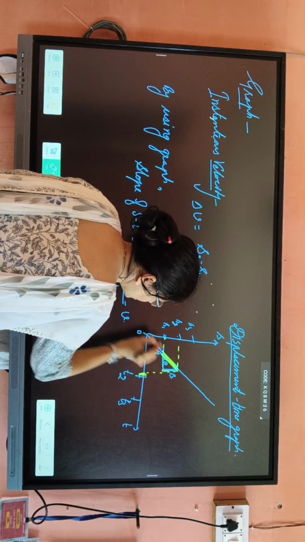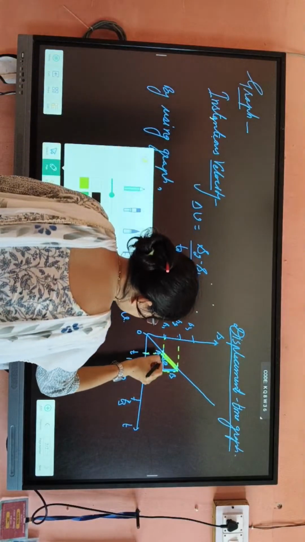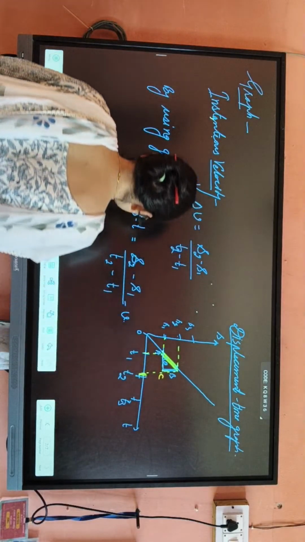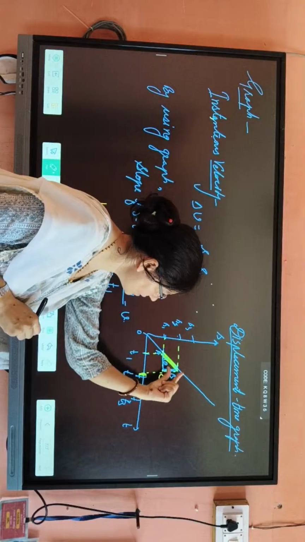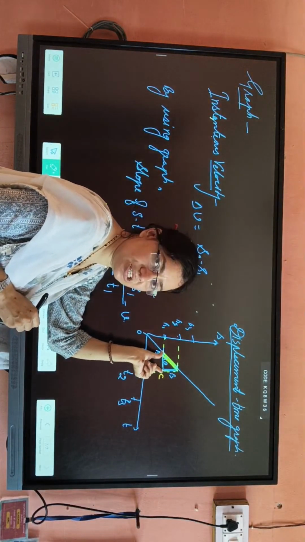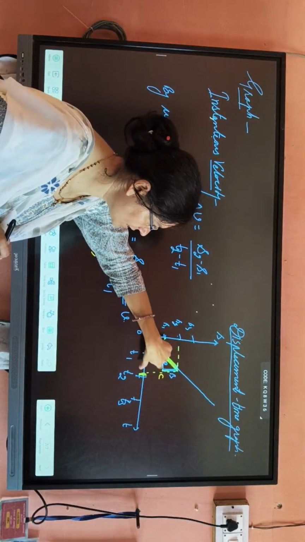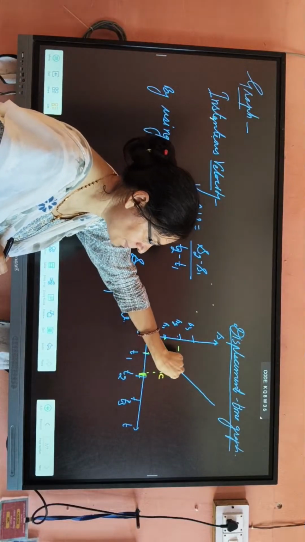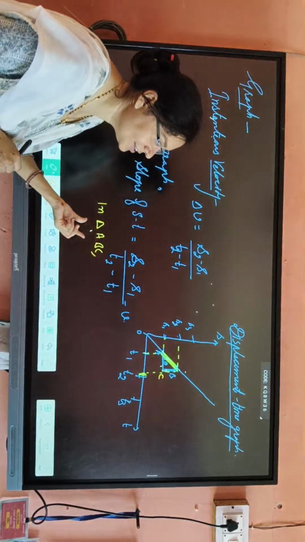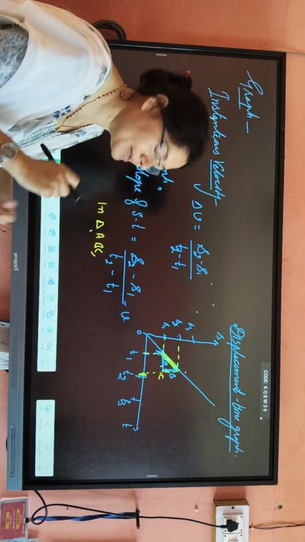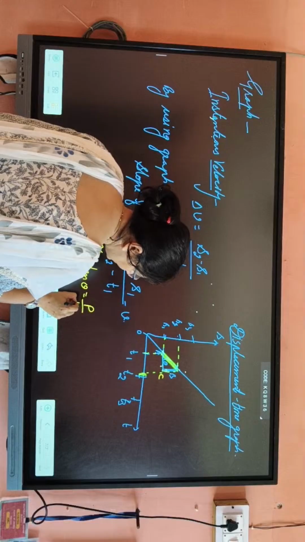So if the angle here is theta, in this right triangle ABC we have S2 minus S1 and T2 minus T1, and theta is there, so perpendicular by base.